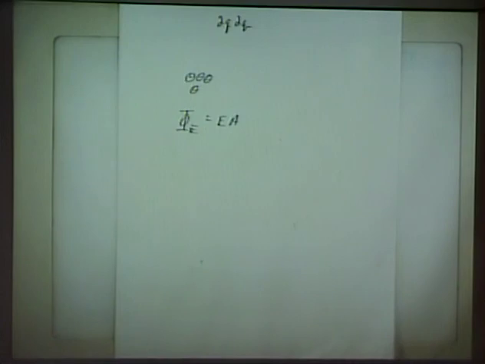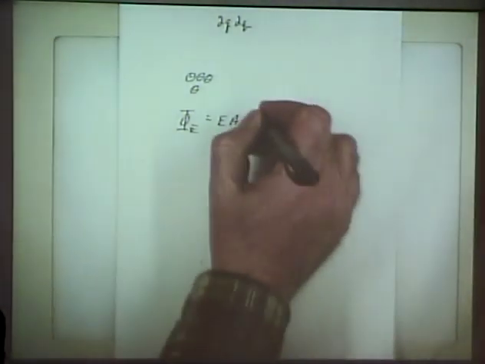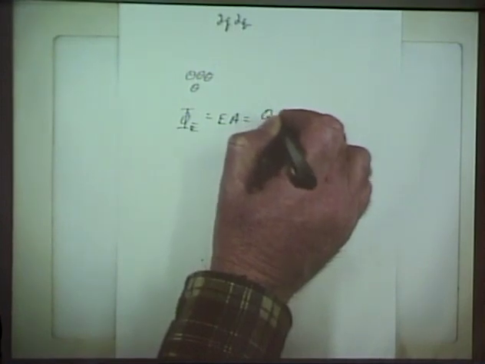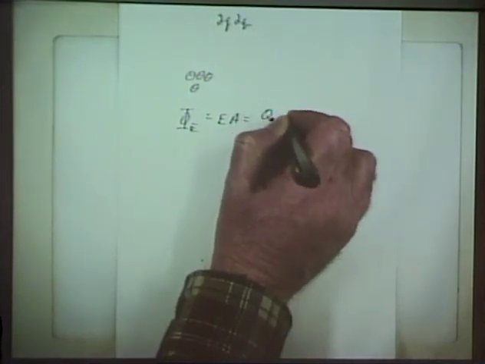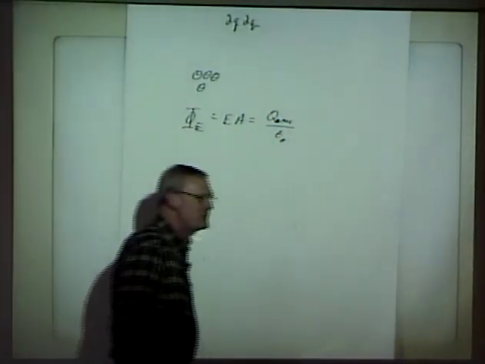What else does this equal? It equals the Q enclosed, all the charge enclosed, which hasn't changed, over that permittivity of free space.